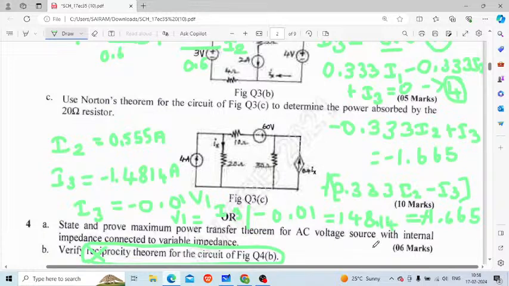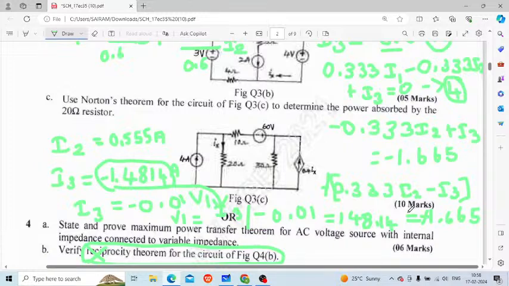So now my V1 is 148.14. This I3, you know it is minus 1.4814; that I3 has to come here. Let us substitute that, divided by minus 0.01, which is 148.14. Fine, you got it? Okay.